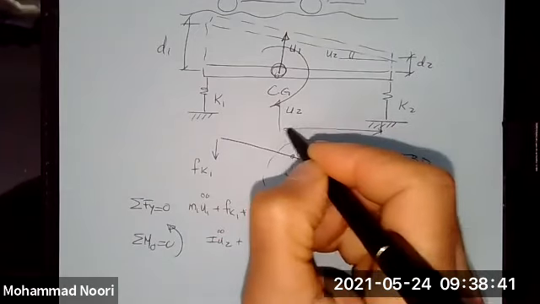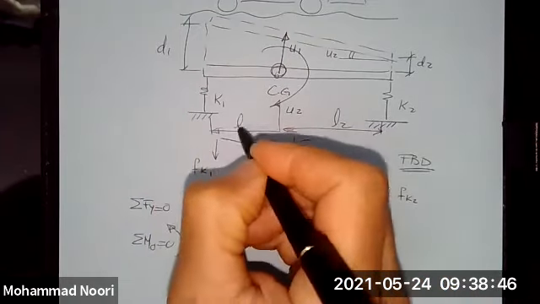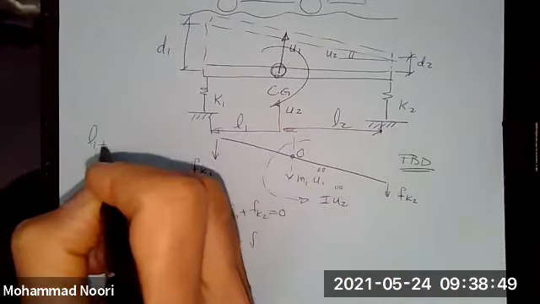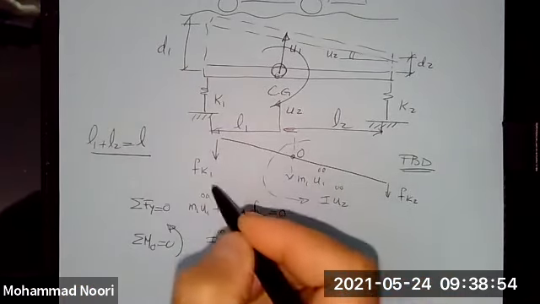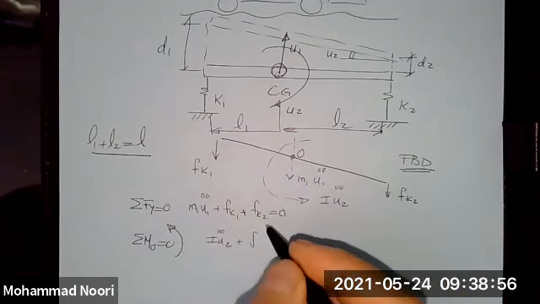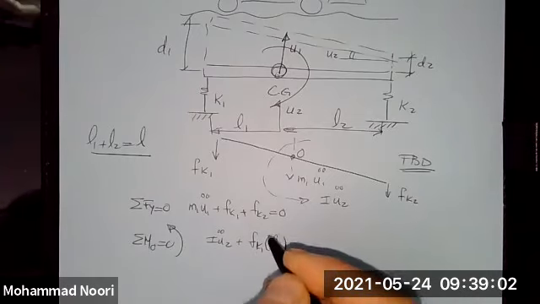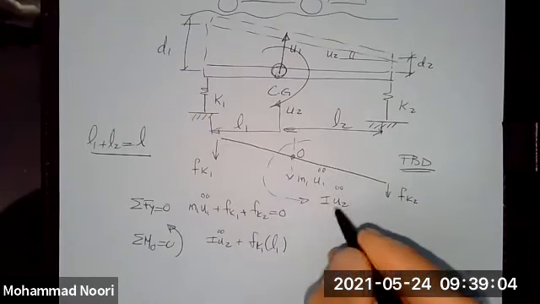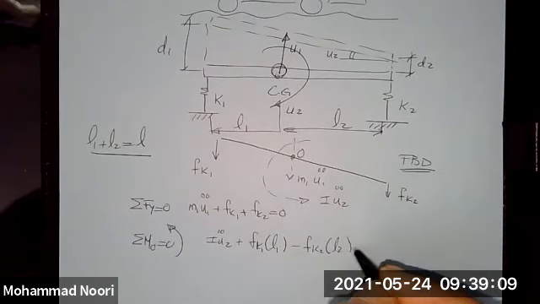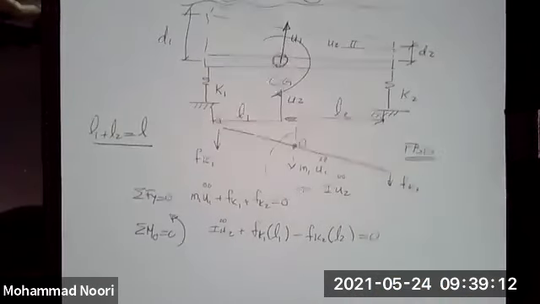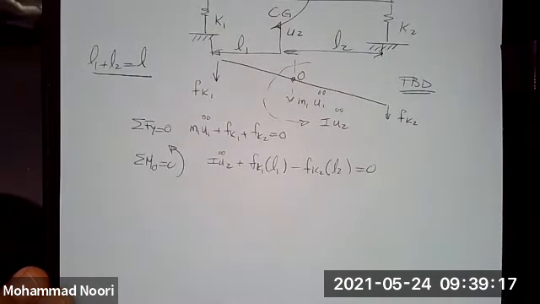Let's say the distance from center of gravity to this end is L2, to this end is L1, and L1 plus L2 is a total L. So the moment of this force about here would be Fk1 times L1, and here would be Fk2 times L2 is equal to 0. So these are the two equations.